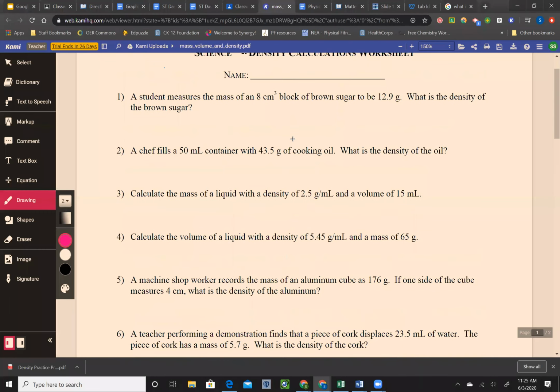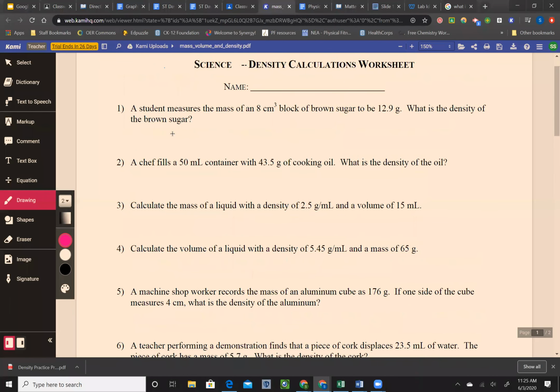Okay, so here we are in Kami. I do not want to work numbers 1 and 2 because those are just like the example I used before. So identify the knowns. You have an 8 cubic centimeter block and you have 12.9 grams. Okay, write your equation, which you should have up here.